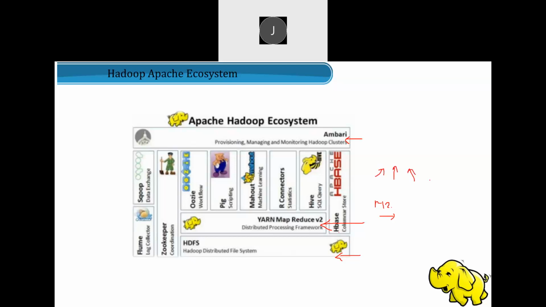We can add multiple slave nodes to the master, right? These slave nodes also have to be configured to sit in the ecosystem, to work as slaves of the Hadoop ecosystem. Those configurations, that's what they call provisioning of nodes, and that is managed by Ambari.